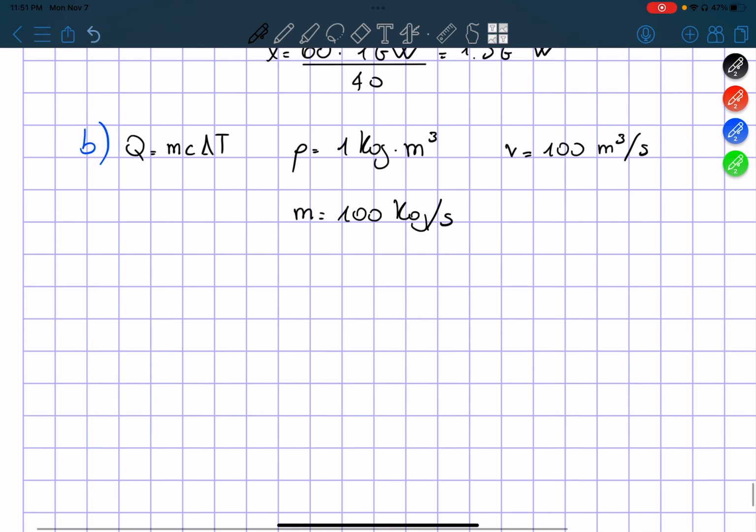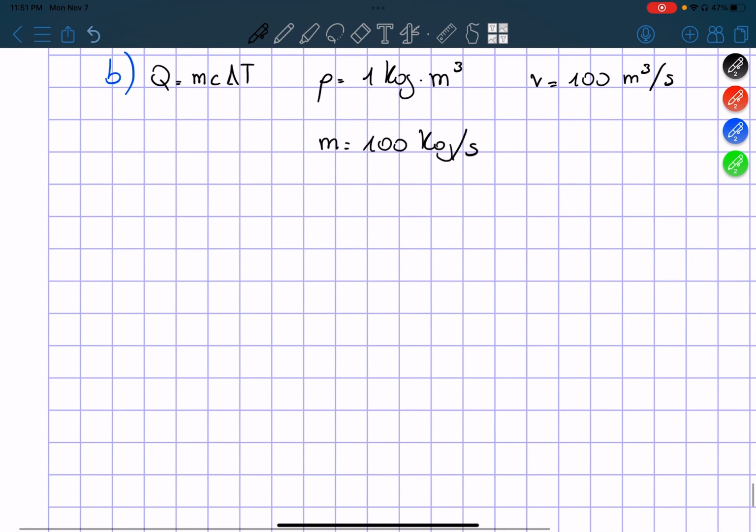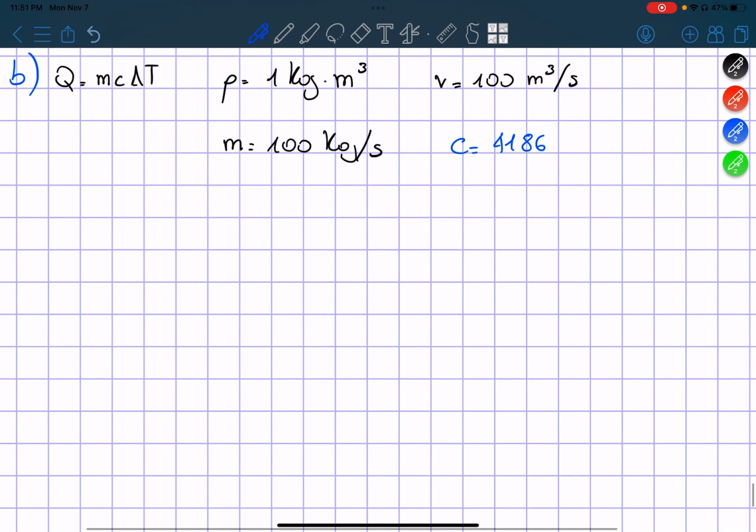So now we can just plug everything in, and we know that the specific heat of water is 4186 joules per kilogram per Celsius, or Kelvin.